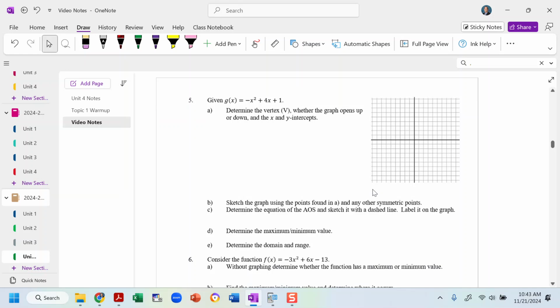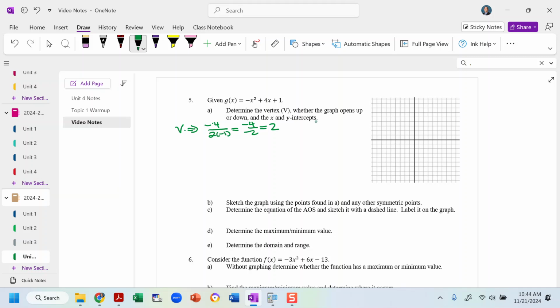So now, given this equation, find the vertex. So to find the vertex, negative b over 2a, negative 4 over 2 times negative 1, that gives us negative 4 over negative 2, which is positive 2.